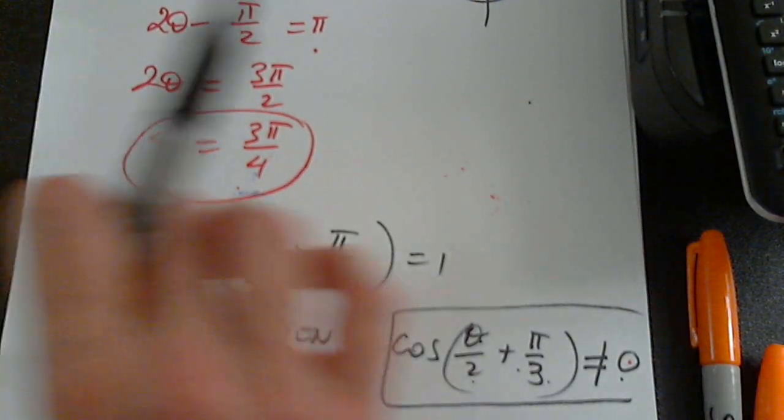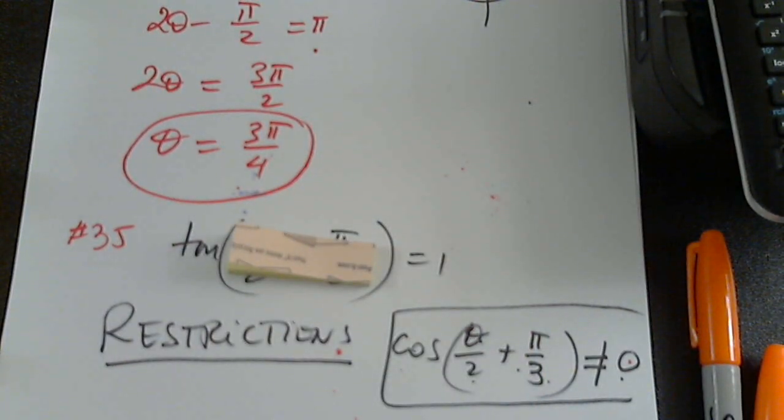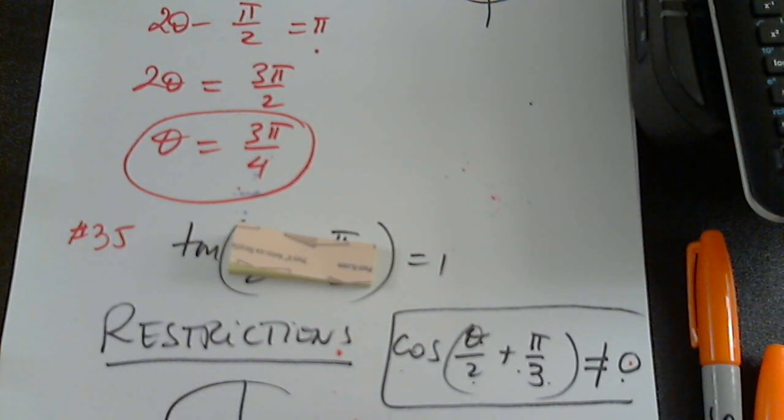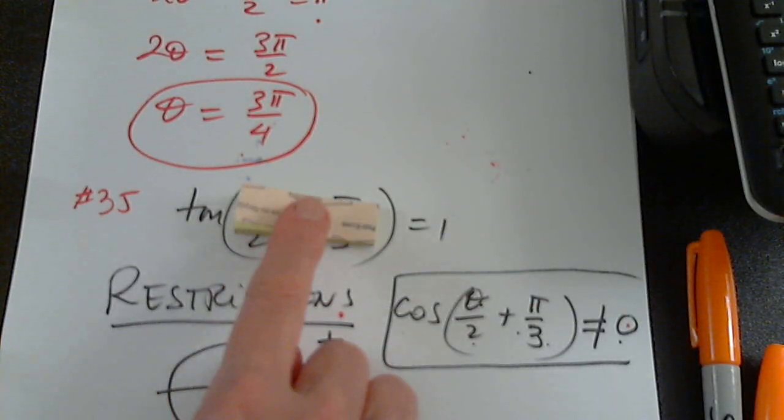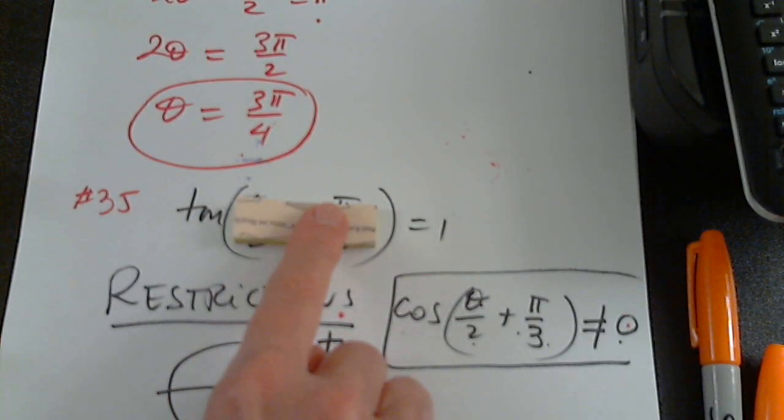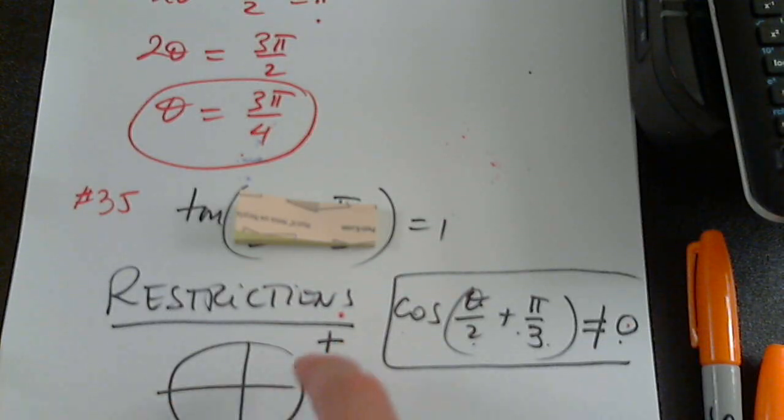So now we want tangent to be 1. Back to the unit circle. Tangent is positive here and here. What are the possibilities then for this angle? This angle can be two different things. One angle in the first quadrant and one angle in the third quadrant.